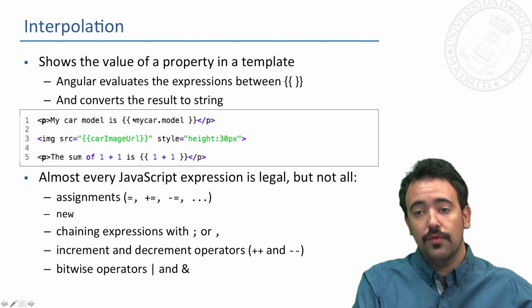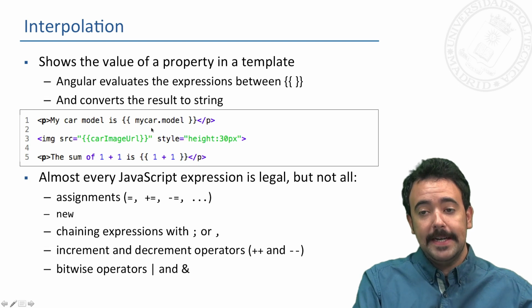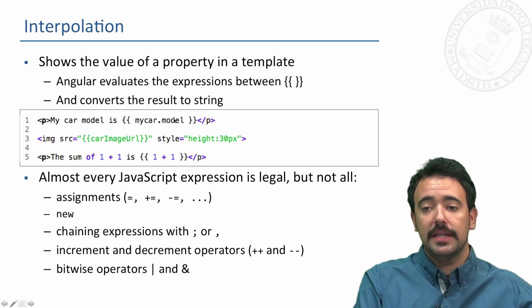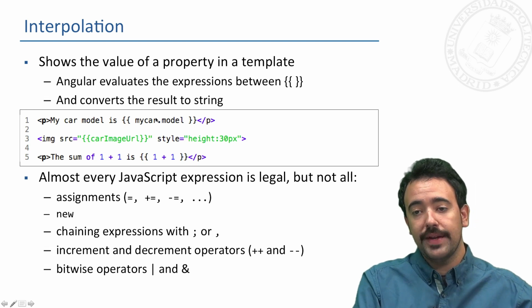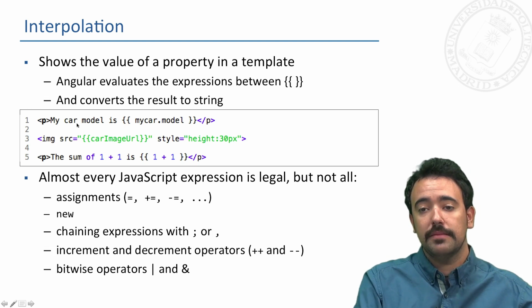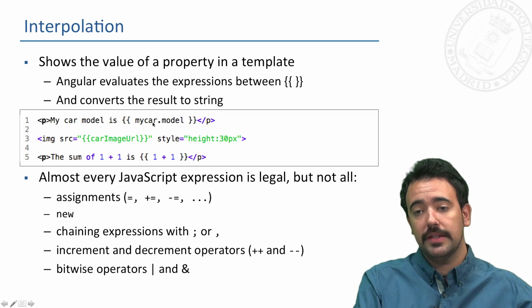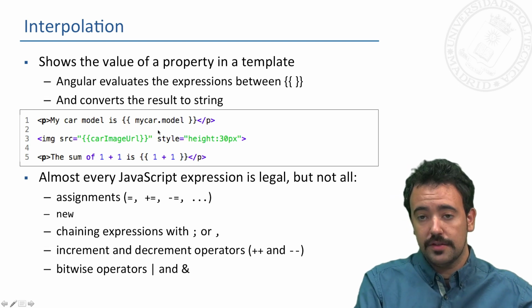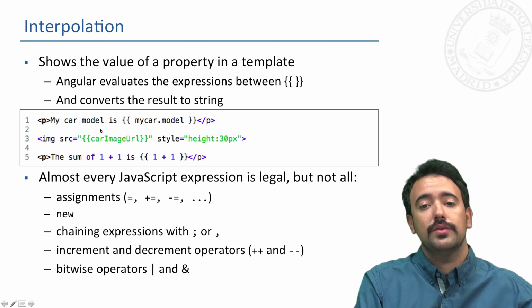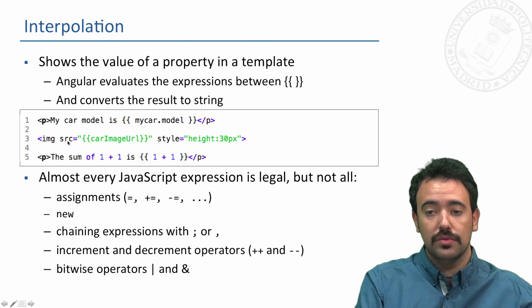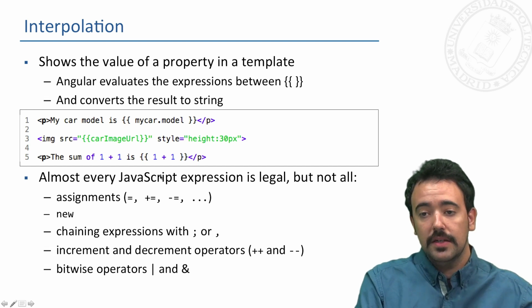For instance, if we have in the component logic a property called my car, and this property holds a string representing the model of the car, when we put in the template 'my car model is' and pass this property between double brackets, Angular will render the result of evaluating this expression.